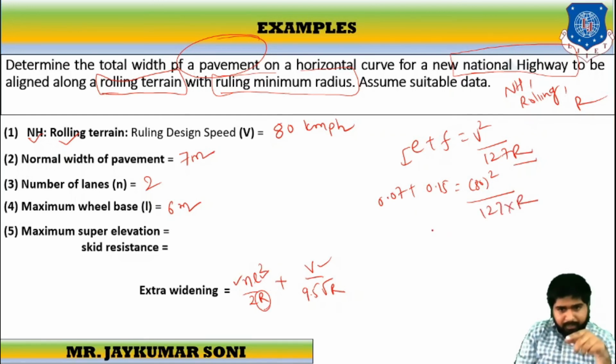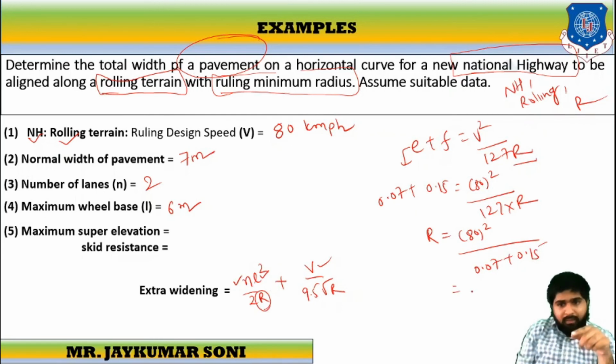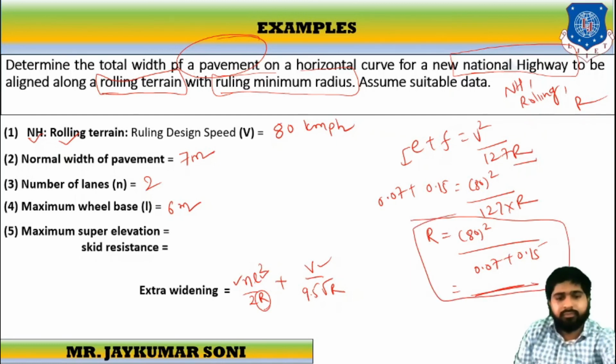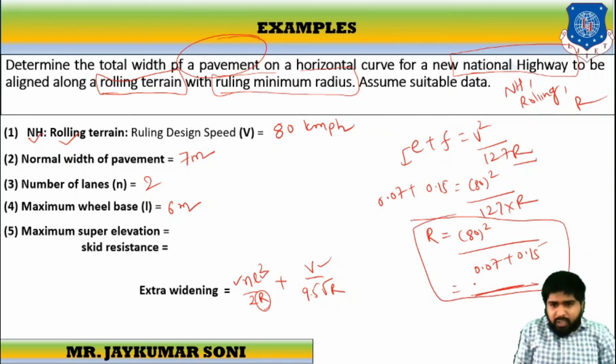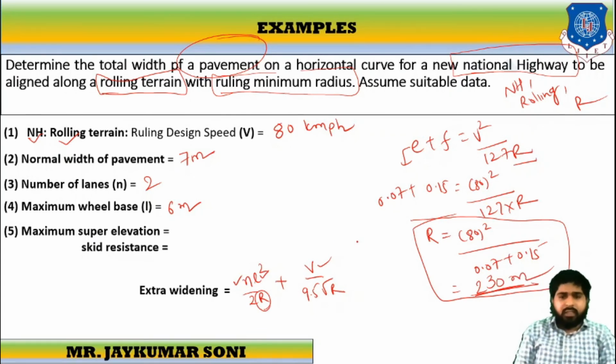So if I make R the subject, I will be able to get this value. Calculate and tell me what is the value that you are getting for R. The value of R is 230 meters. Let us put those values over here.